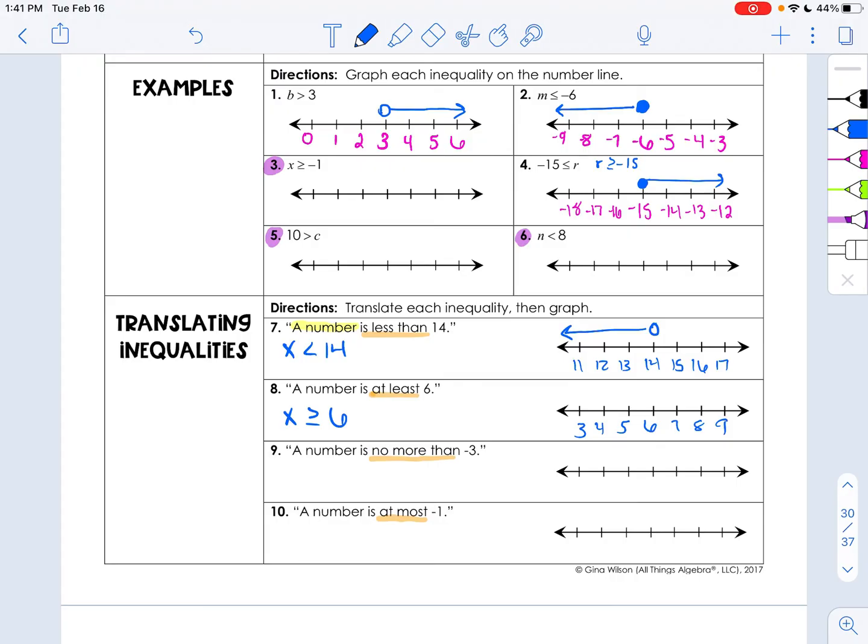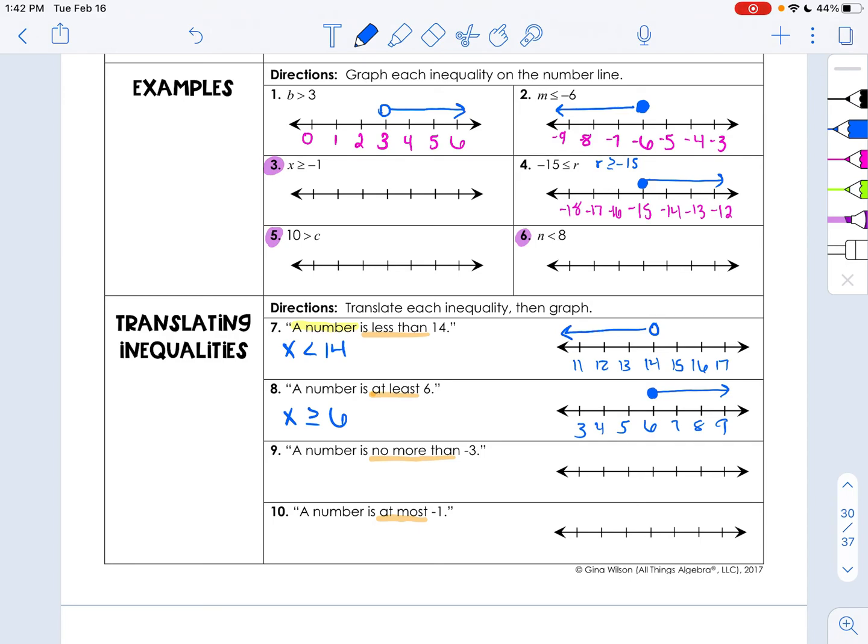Greater than or equal to means we'll have a closed circle at 6 because it can include 6. And then greater than, all of my numbers greater than 6 are to the right. So our arrow will point to the right of 6. So this means that 6 makes the statement true, and any number greater than 6, such as 7, 8, or 9.